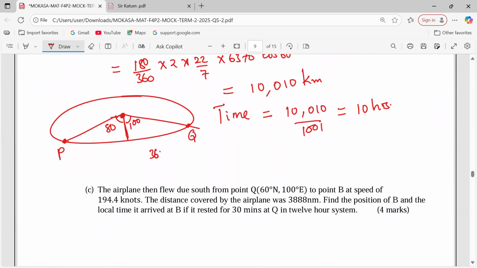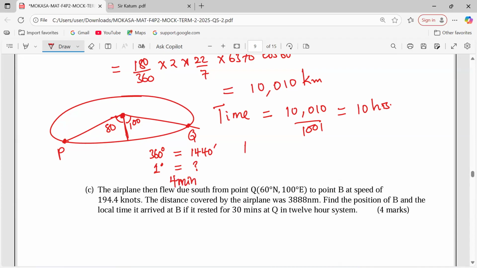the 360 degrees are rotated within 1440 minutes. So how many minutes are required to go through 1 degree? It shall be 1 times 1440 over 360, giving us 4 minutes.